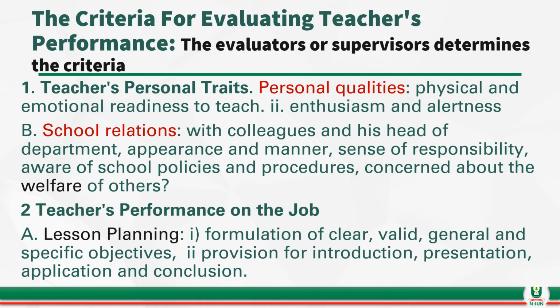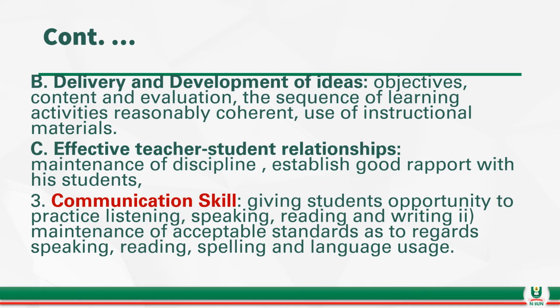Now in the school performance, we have lesson notes, formation of clear, valid, general and specific objective, provision for introduction, presentation, application, and conclusion, delivery and development of ideas, objectives, content and evaluation, the sequence of learning activities reasonably coherent, use of instructional material. We have effective teacher-student relationship, maintenance of discipline, establish good rapport with his students.